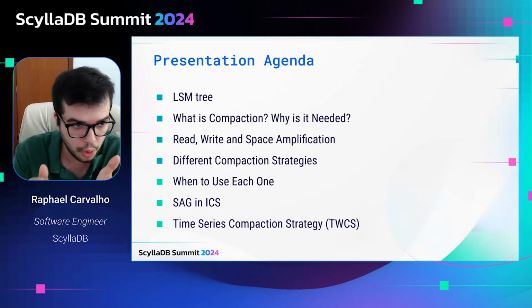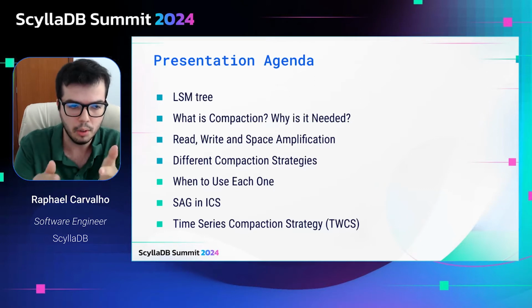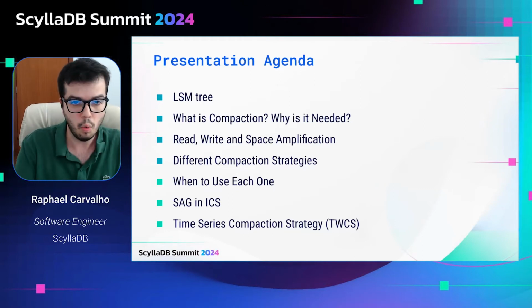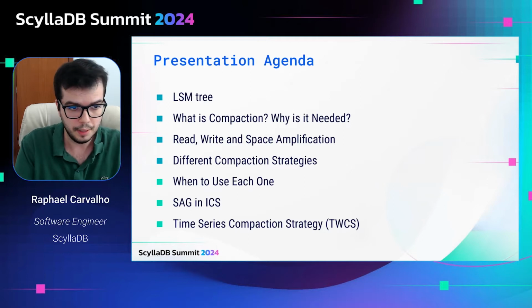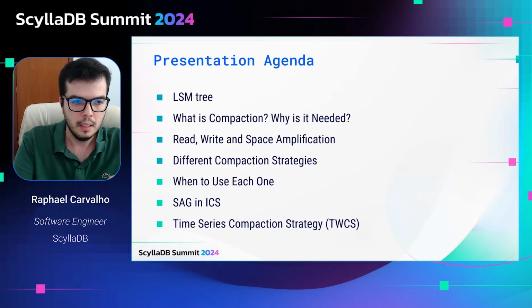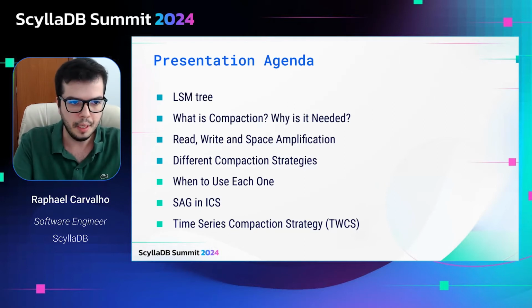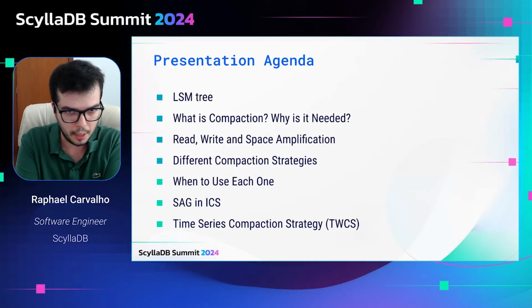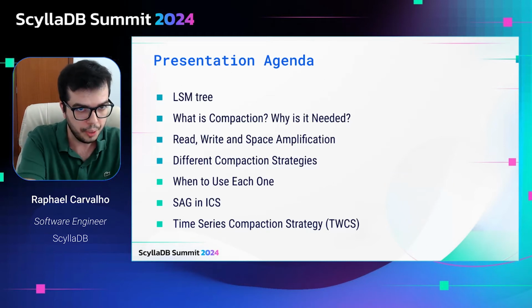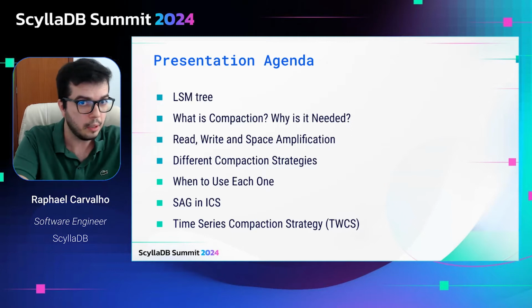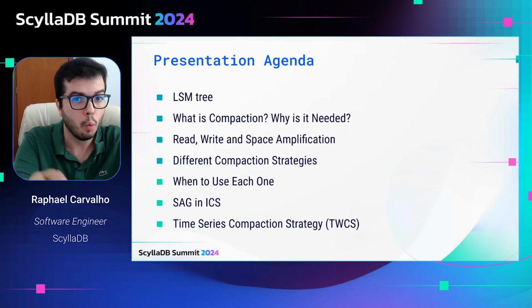The agenda for today: I will explain the concepts behind LSM trees, what compaction is, why it is needed, and the trade-offs between read, write and space. Then the different compaction strategies that we have available at ScyllaDB, when you should use them, and how to pick the correct strategy based on your workload needs.